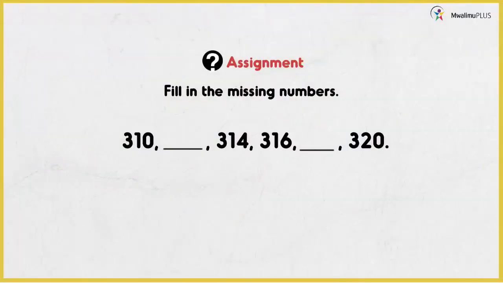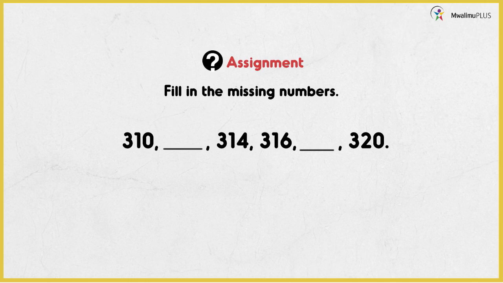Yes, now, let's see. We first want to know something about this pattern. We want to know whether it is increasing or decreasing, isn't it? Remember we said if we want to fill in the missing numbers in a pattern, we also need to know about the rule that is being followed when we are writing the numbers.